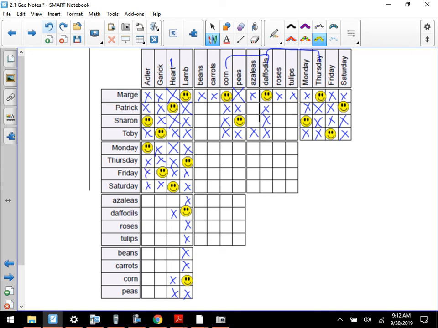All we're using is reasoning and logic going back and forth off of these. Adler, Marge, no, Marge Lamb, I'm sorry, she's corn, daffodils, and Thursday.